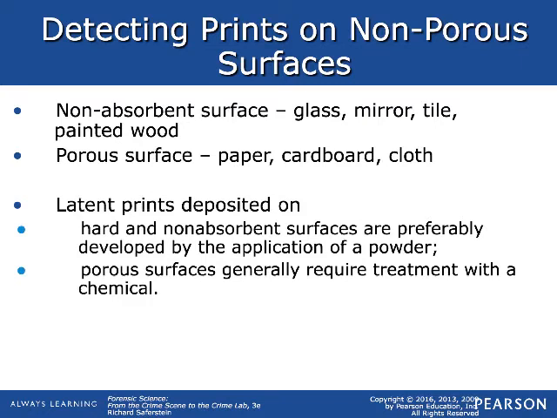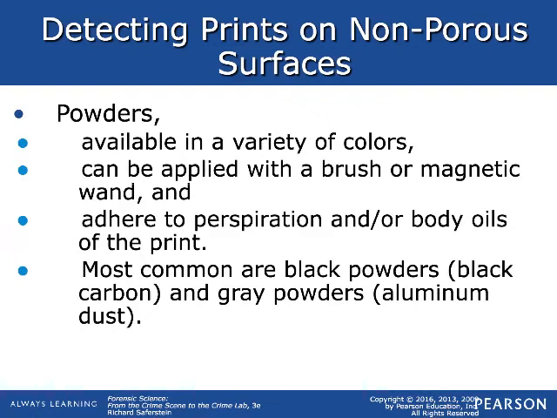Latent prints deposited on a hard or non-absorbent surface are usually developed by adding powder to it, using a brush and putting powder on it. Porous surfaces usually you have to treat with a chemical. So we have a list of chemicals and powders.